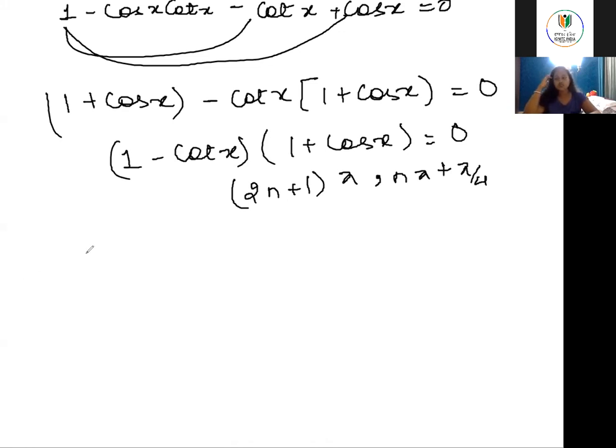So suppose a question is given to you something like, just a minute, sin x plus cos x is equal to root 2. Now you are not able to convert sin x into cos x also, or cos x into sin x also. So what you can do here is you can introduce one more. Multiply by 1 by root 2.